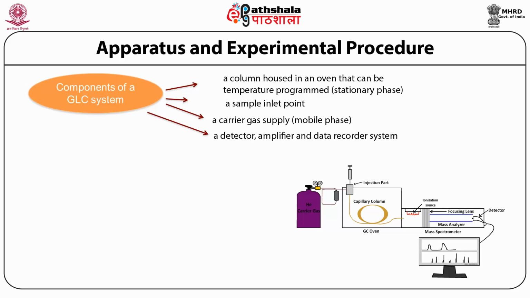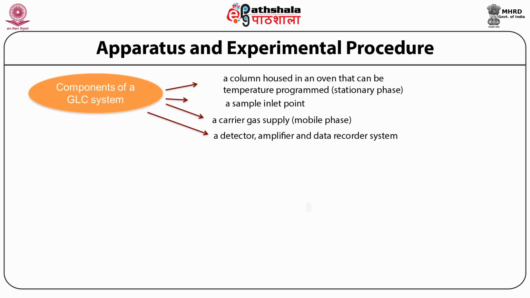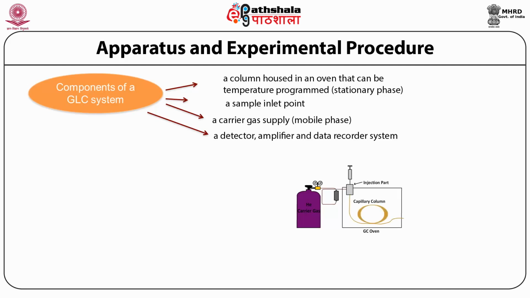Initially, everything in the column will move together, but based on the affinities of the analyte towards the stationary phase and towards the mobile carrier gas phase, the lipid mixture would start to separate into individual lipids.